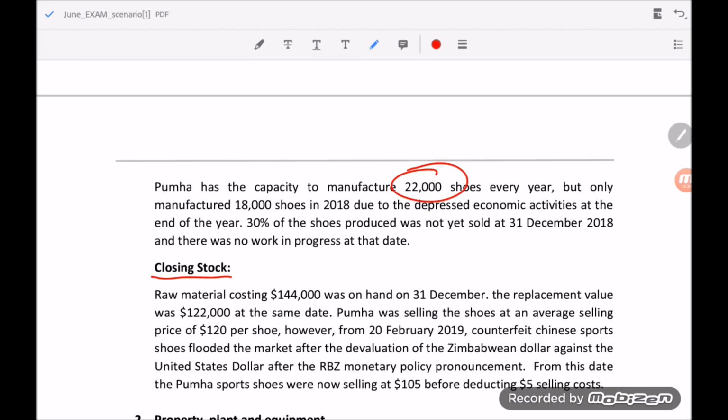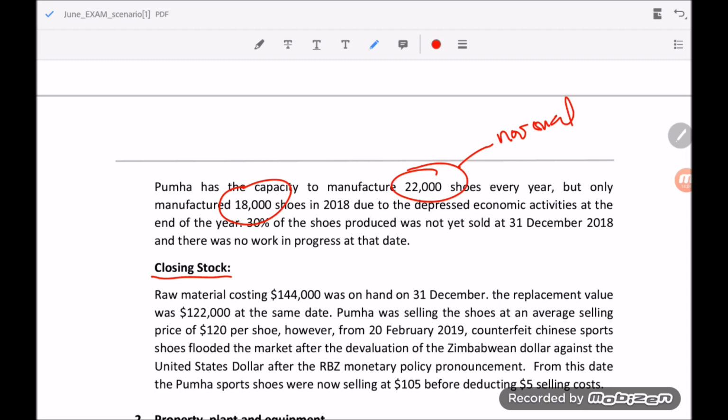So despite the fact that we actually produced 18,000 units, we are going to look at cost per unit based on normal capacity, which means the 22,000 is what we're going to use. But then to look at the total cost of production, take that cost per unit and multiply it by 18,000, because those are the units that we actually produced.